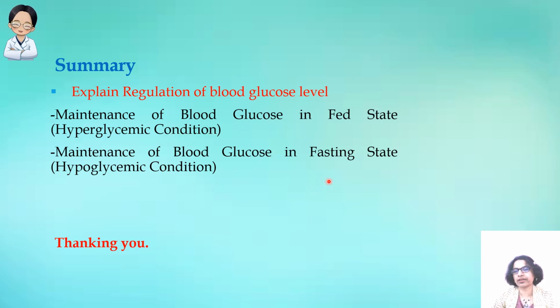Insulin reduces our blood glucose level, whereas glucagon increases it, and some other hormones also play a role. Here we have discussed two conditions. The first is maintenance of blood glucose level in the fed condition, known as the hyperglycemic condition, and the other is maintenance of blood glucose level in the fasting state, known as the hypoglycemic condition.